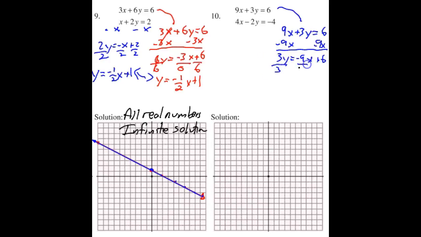Divide by 3, divide by 3. So we have y equals negative 9 divided by 3 is negative 3x, 6 divided by 3 is 2. So start at 2. And once again, we're going down 3 and right 1. So we did this one earlier. Okay, use a straight edge.